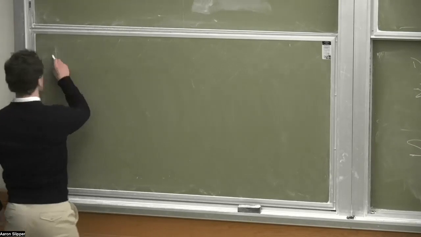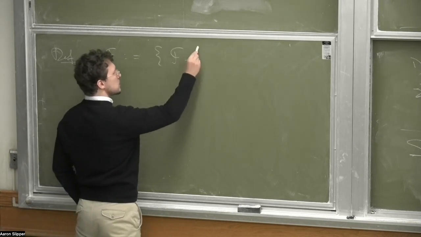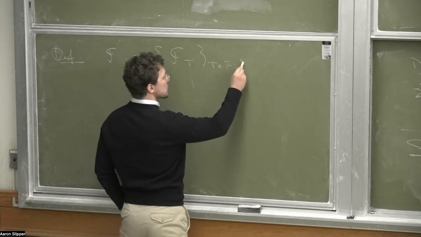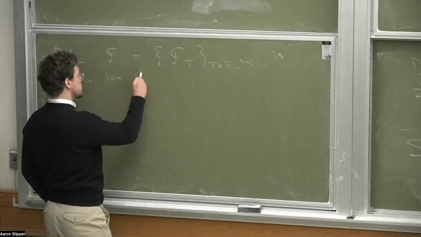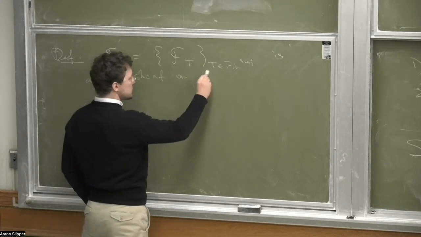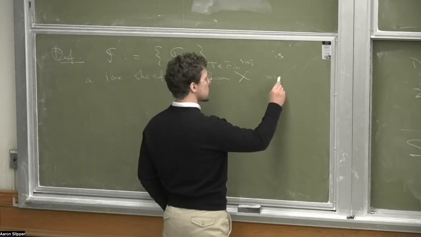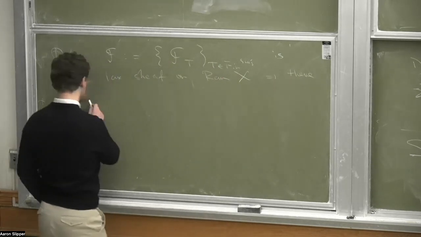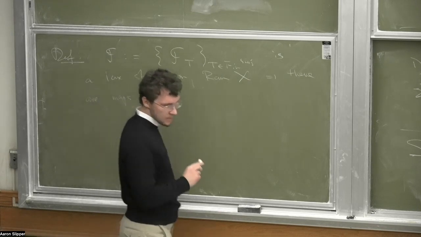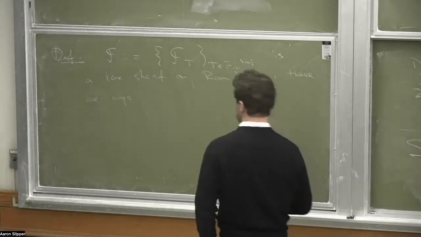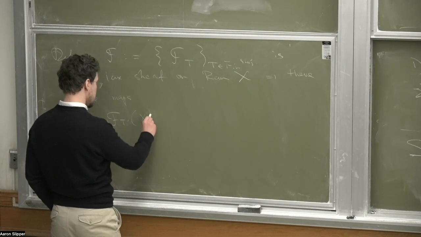So assume that F_T prime, for all T prime, is a lax sheaf on our X. Then I can take F prime evaluated on X^T prime.